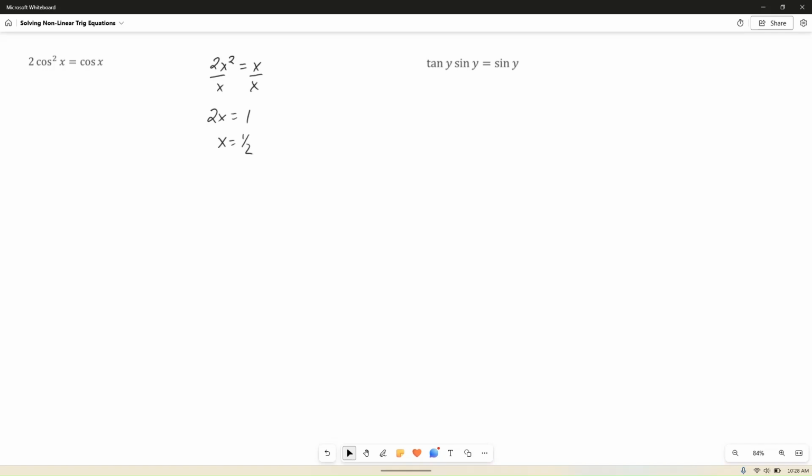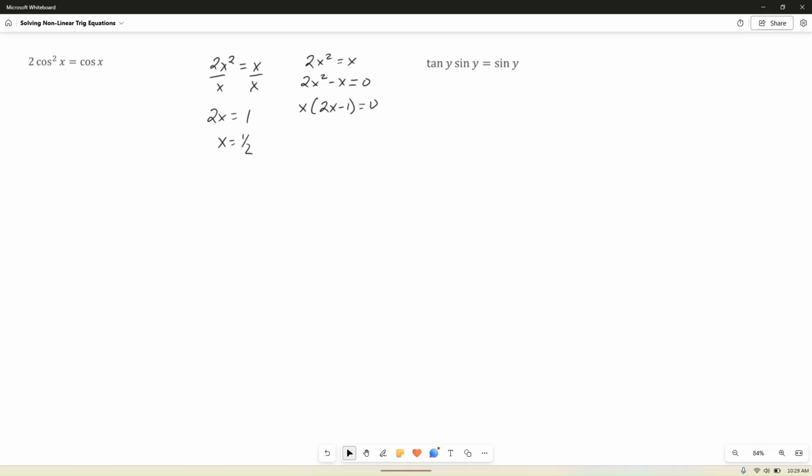What if we did that same equation, 2x squared is equal to x, but instead of dividing, we factor. If I subtract the x to the other side, we have 2x squared minus x is equal to 0, and then I factor out an x, which leaves me with x times the quantity 2x minus 1 is equal to 0.